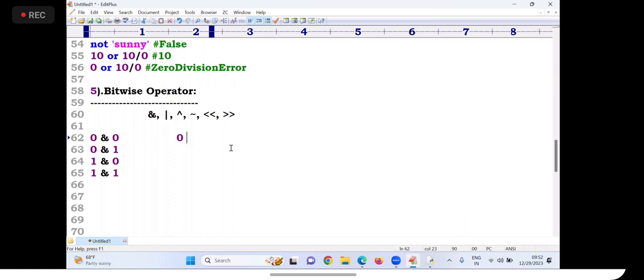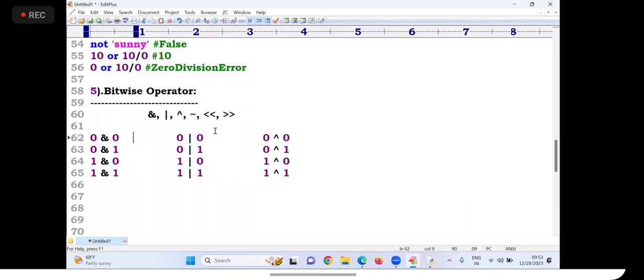Next 0 or 0, 0 or 1, 1 or 0, 1 or 1. Next 0 xor 0, 0 xor 1, 1 xor 0, 1 xor 1.